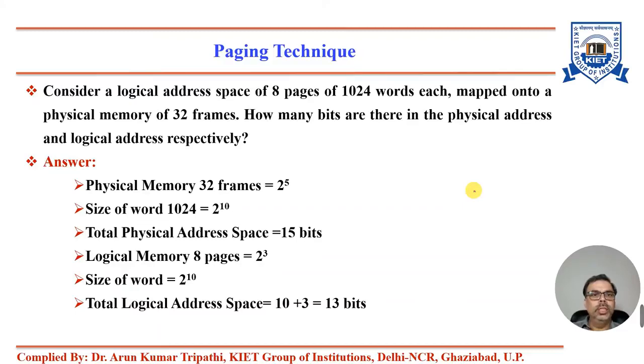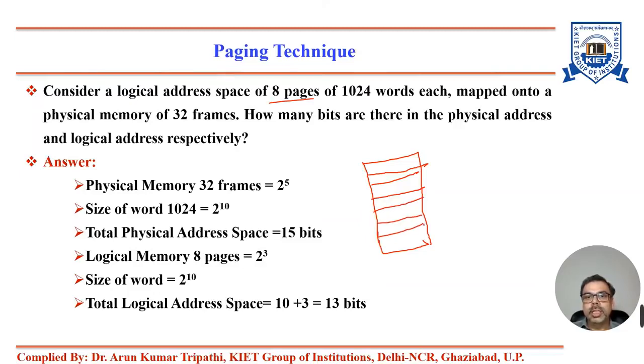Here is a question. Suppose that a logical address space has 8 pages. Here 8 pages are given. So we should draw the logical memory space that has 8 pages: 1, 2, 3, 4, 5, 6, 7 and 8.